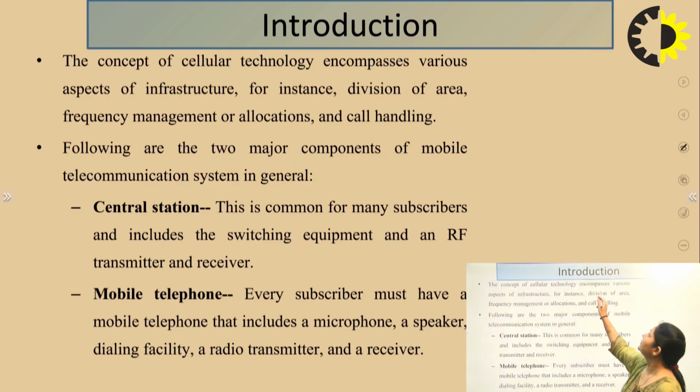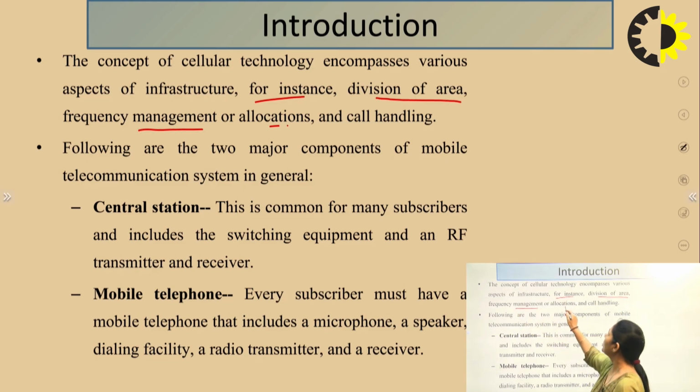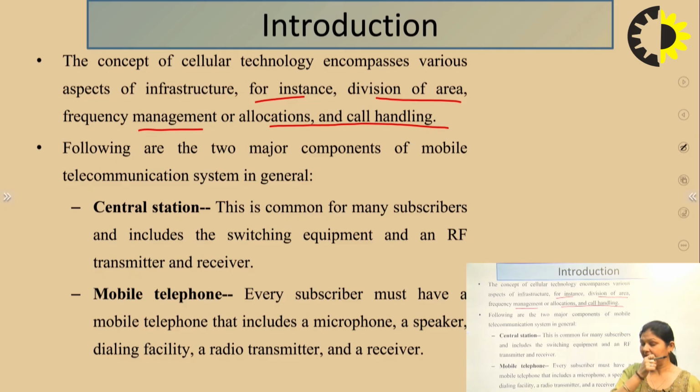The concept encompasses various aspects of infrastructure, for instance, division of area, frequency management or allocation, and call handling. Now, we have divided the area into cells. So this is one of the things, that is division of area. Then frequency management, allocation of frequencies to different users, because whenever we are using the communication system or whenever we want to make a call, we require a frequency to transmit our signal to a longer distance.